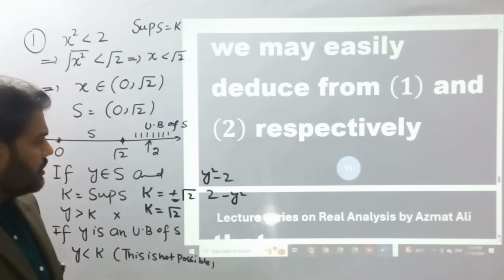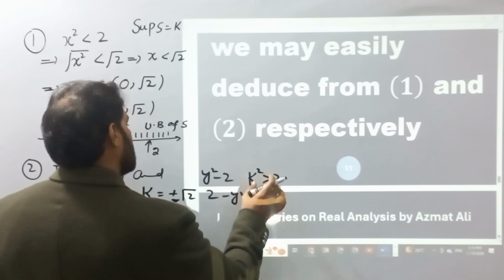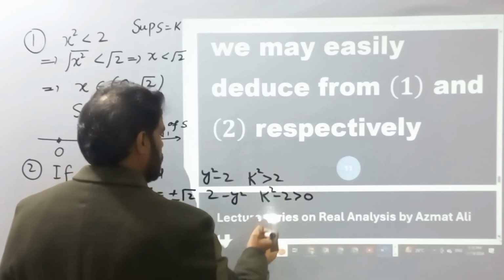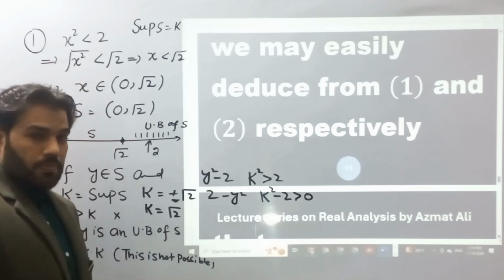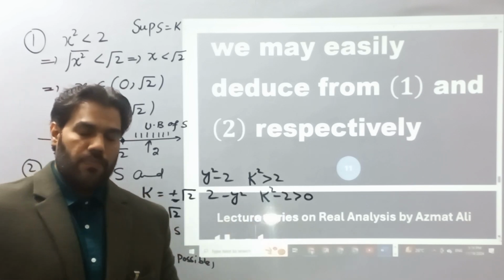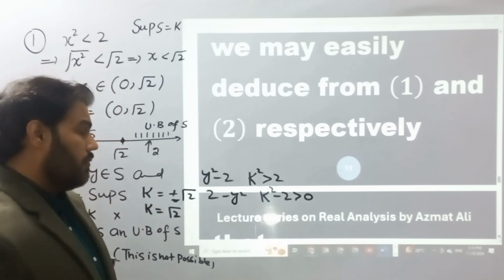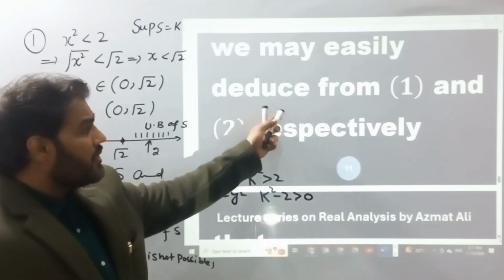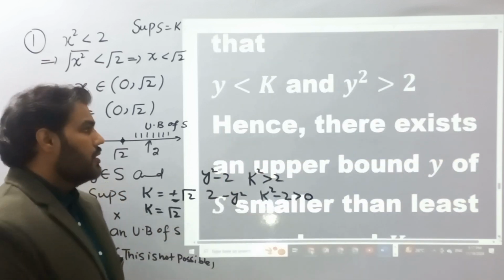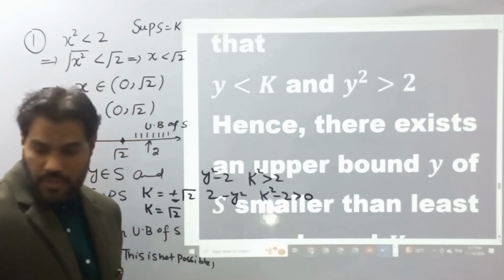But now in this case our k square is greater than 2. When k square is greater than 2, it means k square minus 2 will be greater than 0. So by using this and calculating the steps of case number 1, we can deduce from inequality number 1 and 2 respectively that now y is less than k and y square is greater than 2.